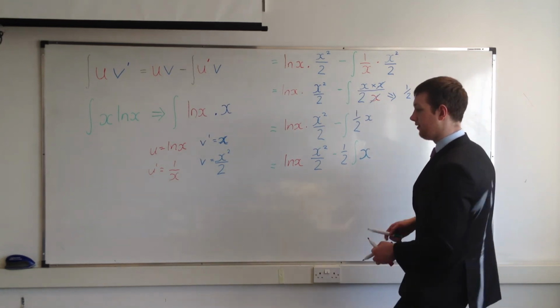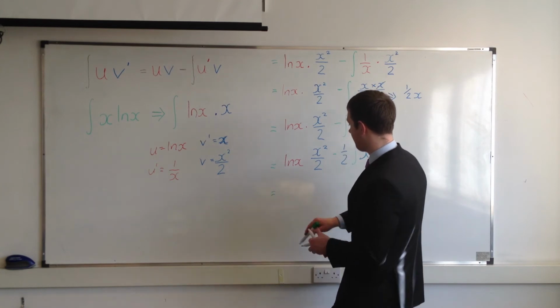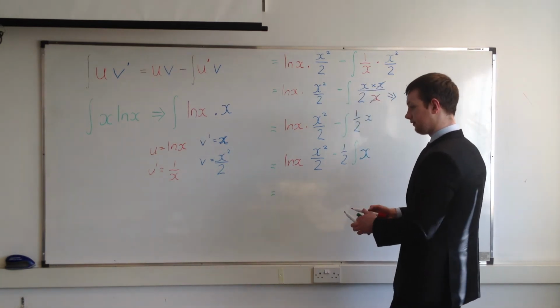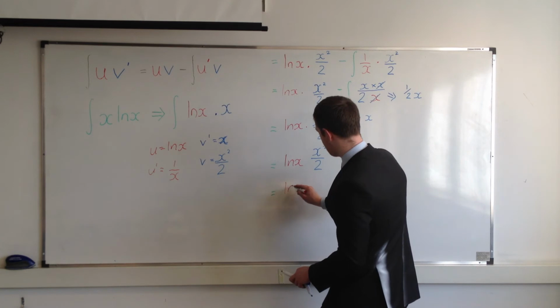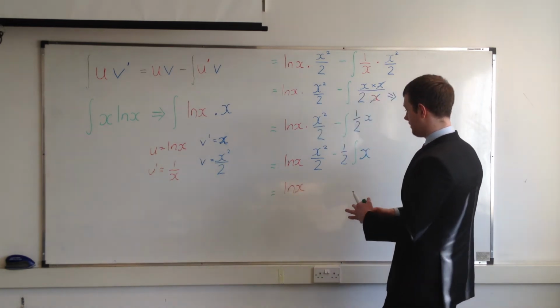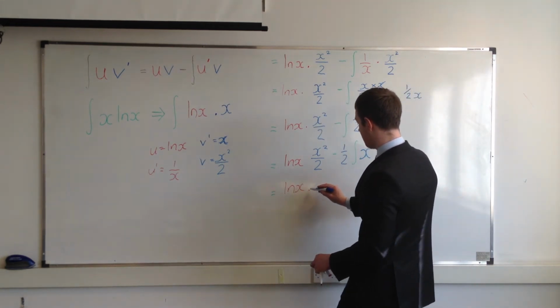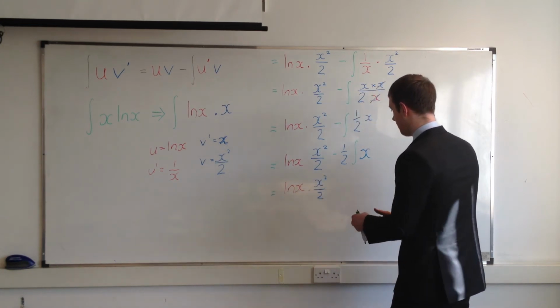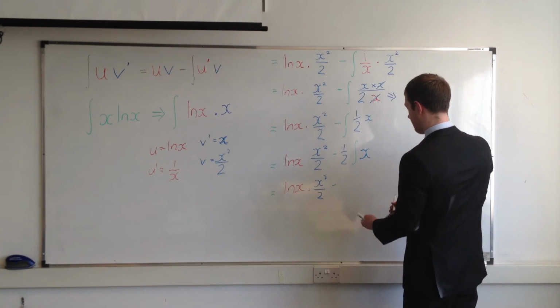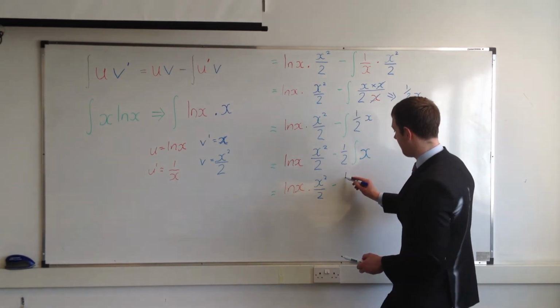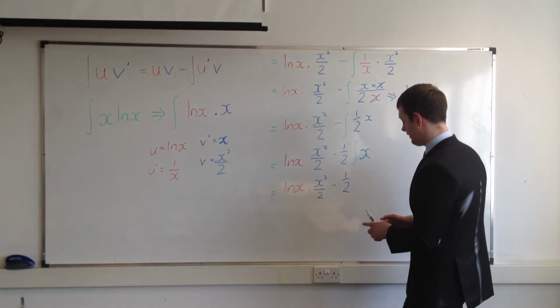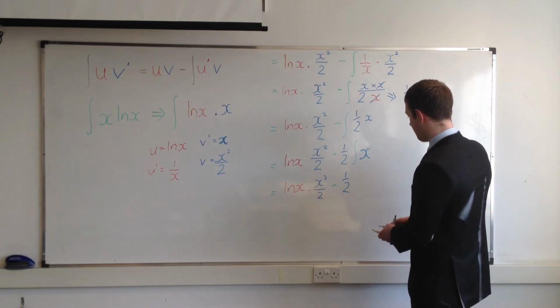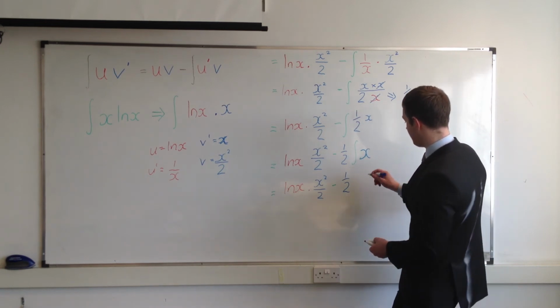So we end up with ln of x times by x squared over 2 minus 1/2 times by x squared over 2.